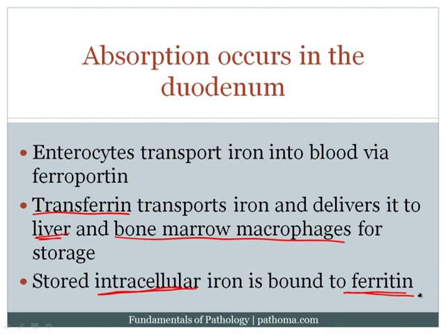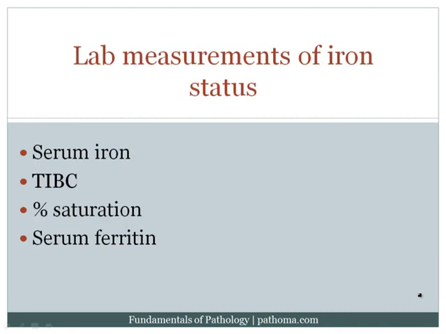So ferritin is the key molecule to which iron is bound when it is being stored. And again, it's important to keep iron bound to ferritin because that binding prevents iron from generating free radicals via the Fenton reaction. And we covered that in detail when we talked about free radicals in Chapter 1 of this text.